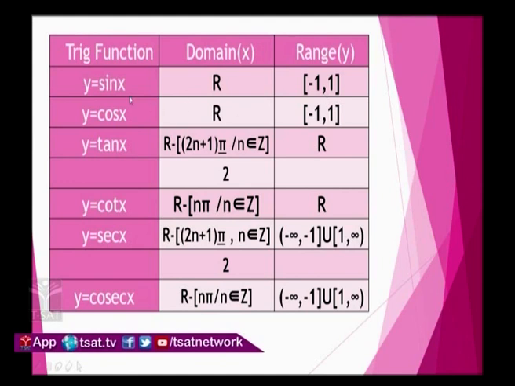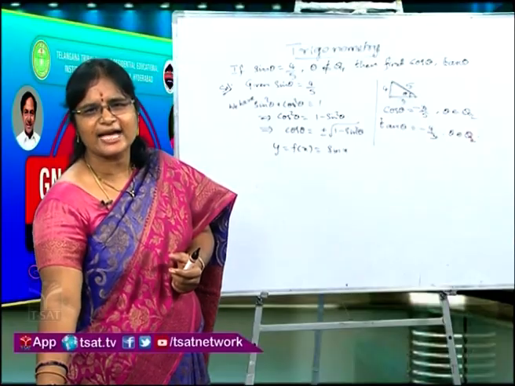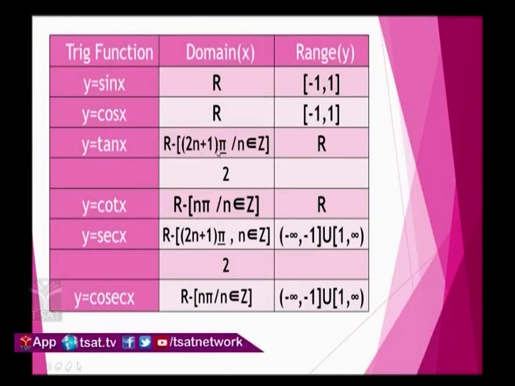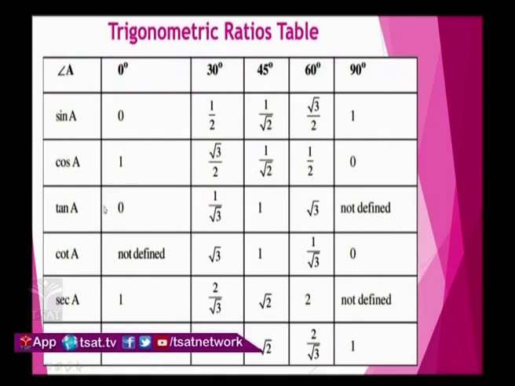So here if you observe, for sine and cos, domain is capital R and range is the closed interval -1 to +1. Closed interval means it will also take the values -1 and +1. I will explain briefly in the next graphs, children, you will understand. Now, tan x. For tan x, domain is R minus (2n plus 1) into pi by 2, because in the table values we just saw, tan 90 is not defined.